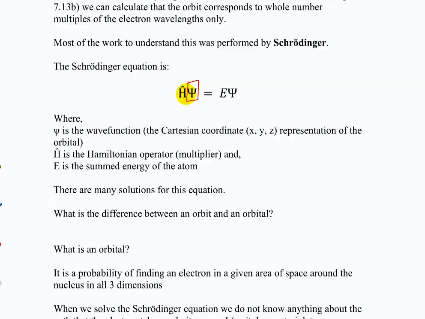And this type of equation, H psi equals E psi, is an important equation by this guy Schrödinger, who's kind of the father of modern quantum mechanics. And H is called an operator. And an operator is a mathematical thing that you do. So part of the Hamiltonian operator, which is that H, is like take a derivative and add this thing and multiply this thing. It's kind of a set of instructions on what to do to the function next to it.